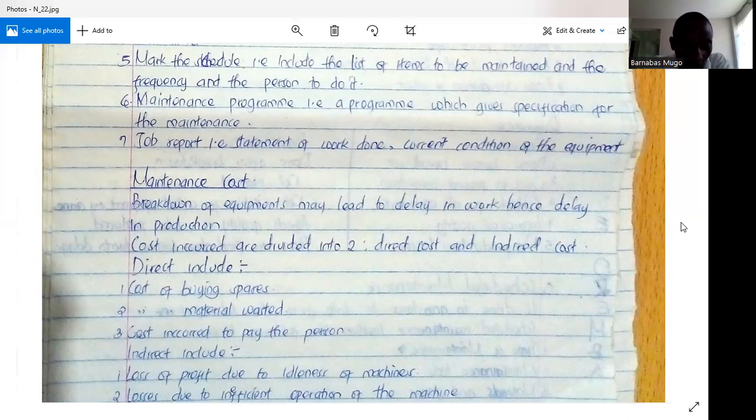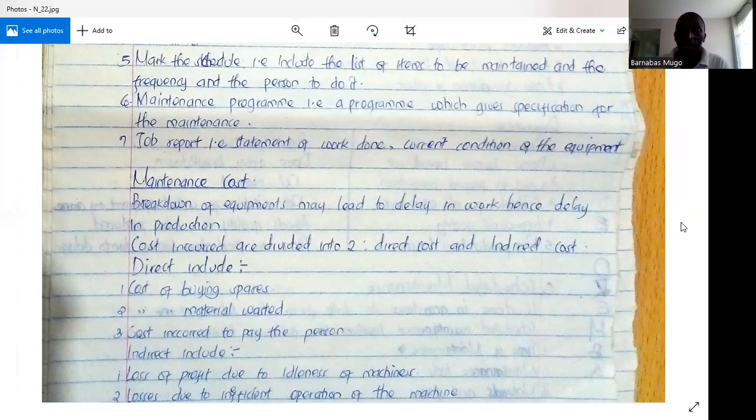We are looking at the cost of maintaining that plant, the amount of money or cash that is required to maintain the plant.